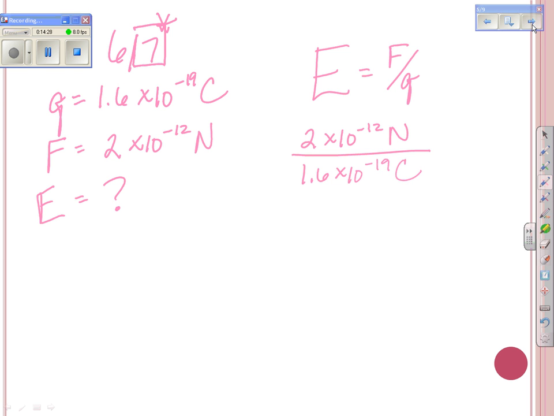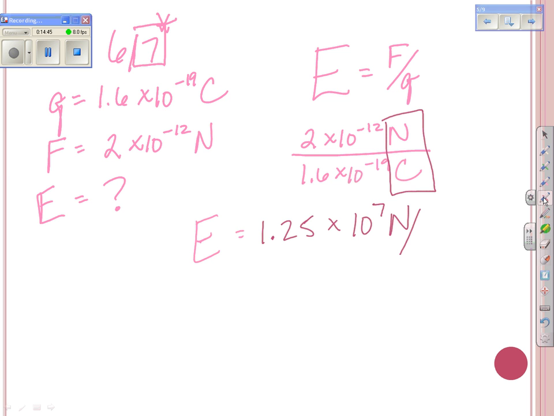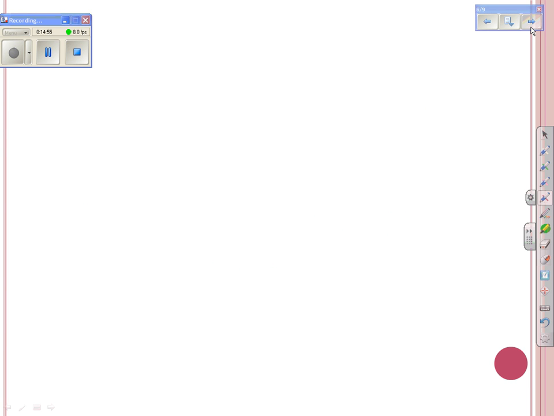When you do the work, your E ends up becoming 1.25 times 10 to the 7th power. Now these units don't cancel out in any way, so they stay exactly as they appear, newtons per coulomb. And that's your answer. Again, number 6 and 7 are very similar to each other.